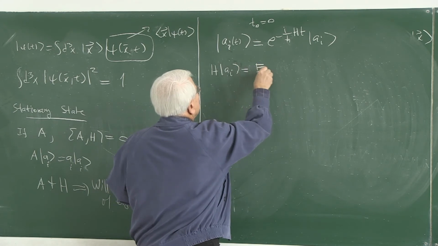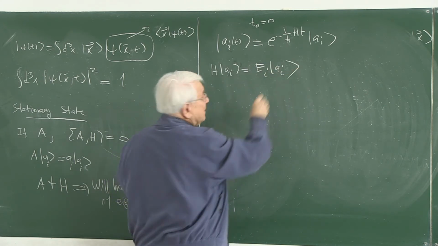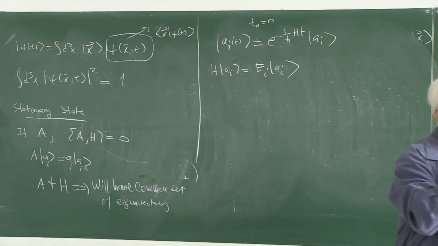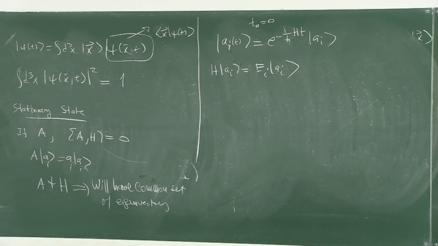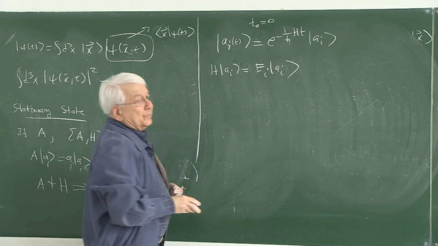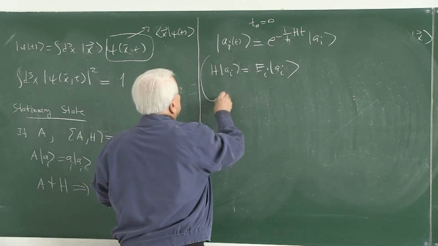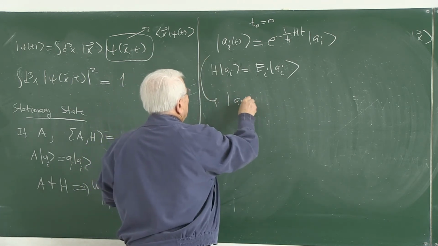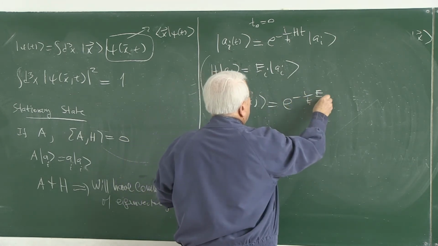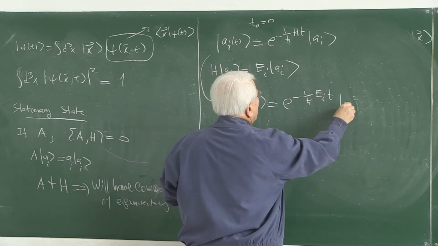Well, this is E_i a_i. You have two commuting operators, H and capital A, and they will have a common set of eigenvectors, of course with different eigenvalues. Eigenvectors are the same, but that is the eigenvalue of H in here. Therefore, this evolution becomes e to the minus i over h bar E_i t a_i.